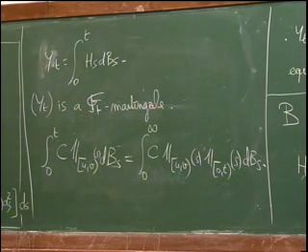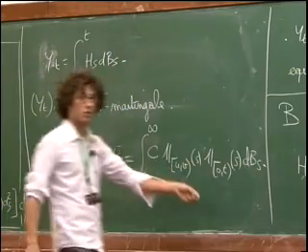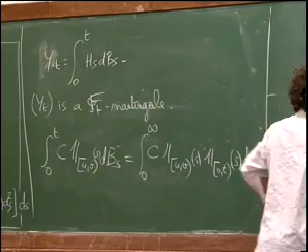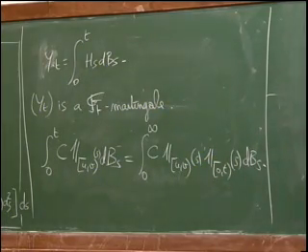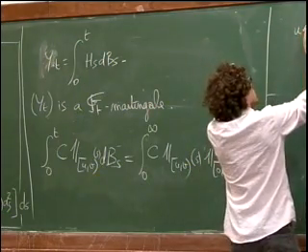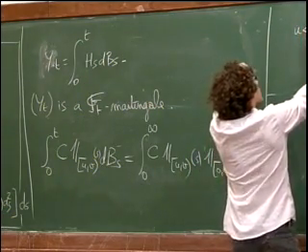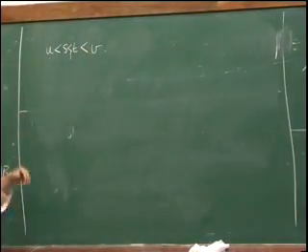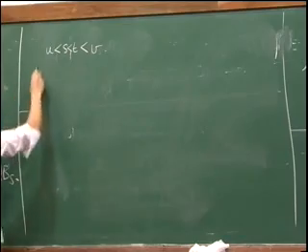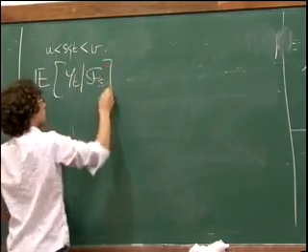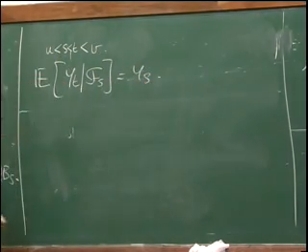Well, I'm not going to do all the cases, but let's take s and t that are between u and v, and let's check that we have the expectation of Yt knowing Fs, which is equal to Ys. Okay?